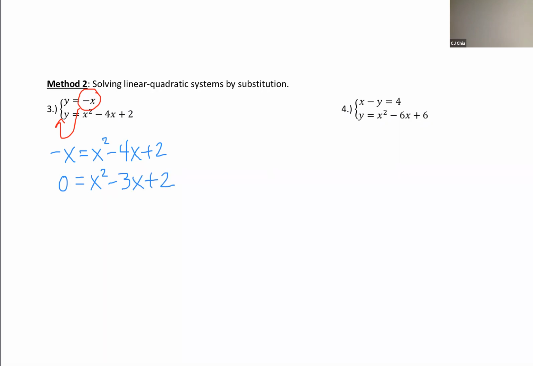And in this case, it does. So then you get x minus 2, x minus 1 equals 0. So then x minus 2 equals 0, x equals 2. X minus 1 equals 0, add 1, x equals 1.